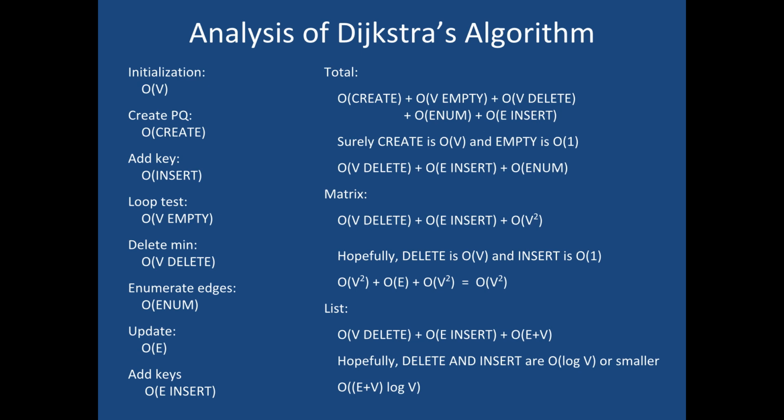So we've got this V squared term that we're stuck with. That's the cost of just consuming the data structure. So we've got to make sure that this isn't larger than V squared. And we've got to make sure that this is not larger than V squared. If we can do that, then we can eliminate these terms and we still have the V squared. Best we can do is V squared. So clearly, we can let delete be as big as V. And this whole thing will be a V squared term.